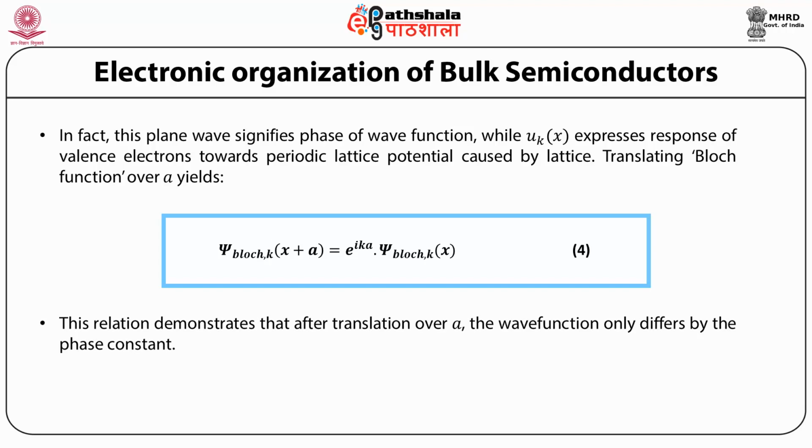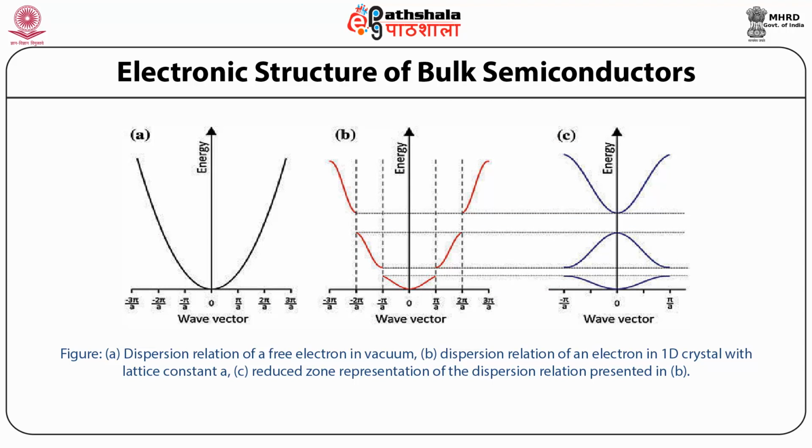This relation demonstrates that after translation over A, the wave function only differs by the phase constant, having continuous energy levels described by the dispersion relation E(k) equal to ħ² k² by 2 m0, where m0 represents the mass of free electron.